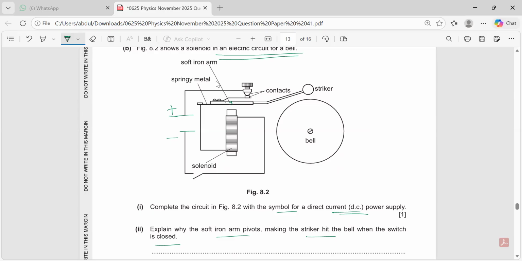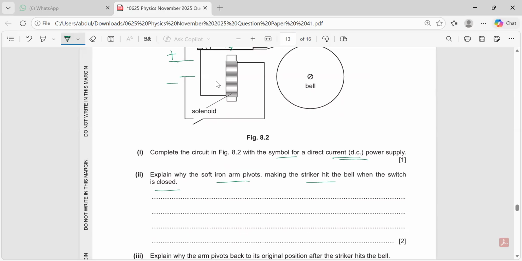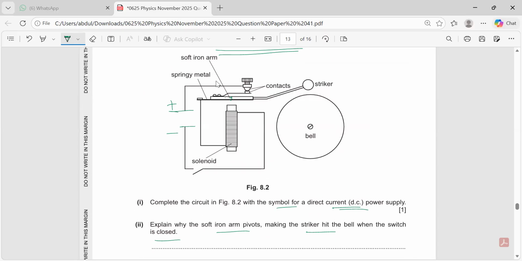So what will be happening now? You must have the concept that when the switch is closed, this is an electromagnet. So this solenoid or electromagnet is magnetized.